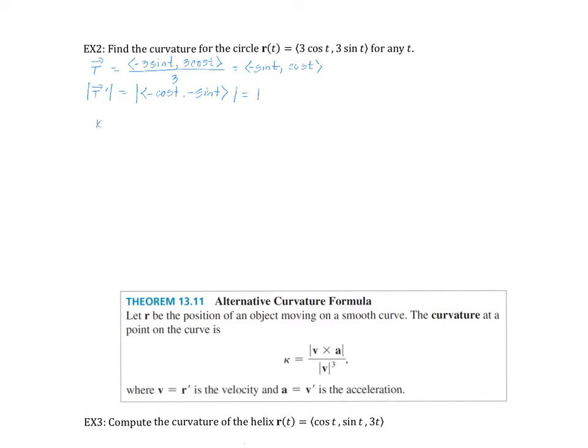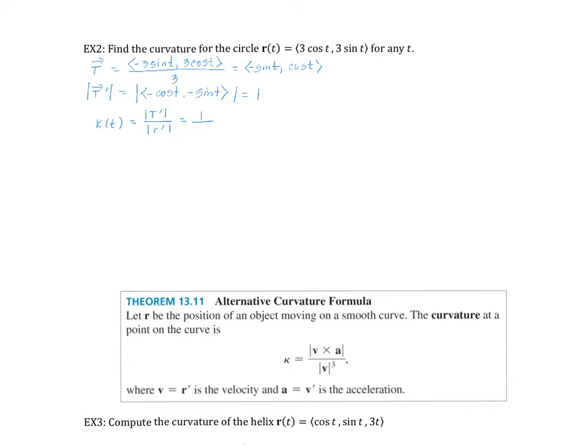My curvature is going to be equal to the magnitude of the derivative of the unit tangent vector over the magnitude of the derivative of r. And the magnitude of the derivative of our unit tangent vector is 1.